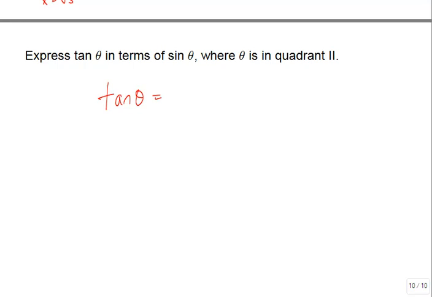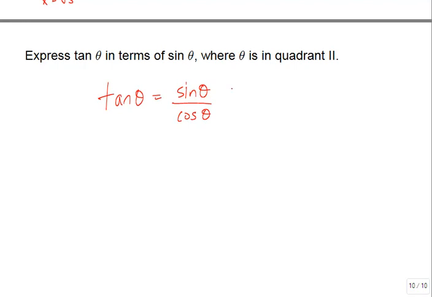You have to remember that tangent of theta is defined multiple ways. It's defined to be opposite over adjacent, but if we want to think of it in terms of sine, then you need to recall the definition that tangent of theta is the same as sine of theta divided by cosine of theta.